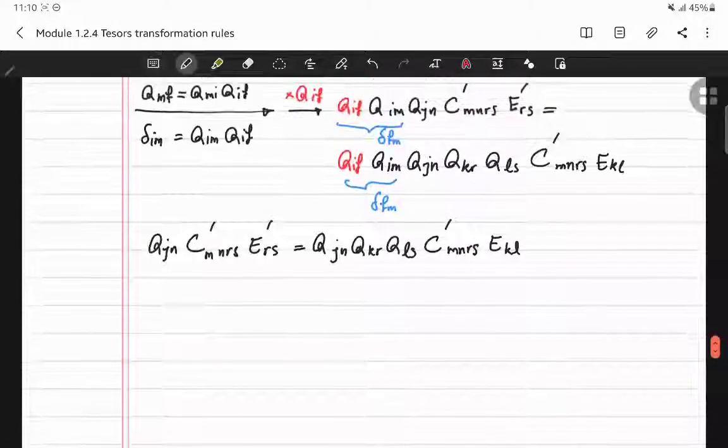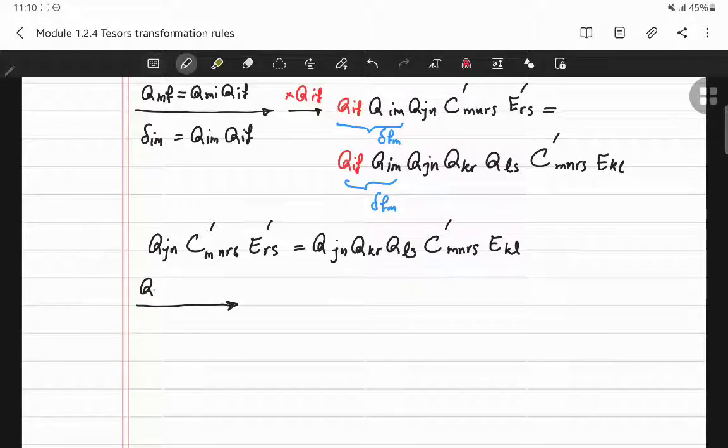So again we can multiply this by, for example, Qjz. If I just transpose this, this becomes delta nz. Perfect.